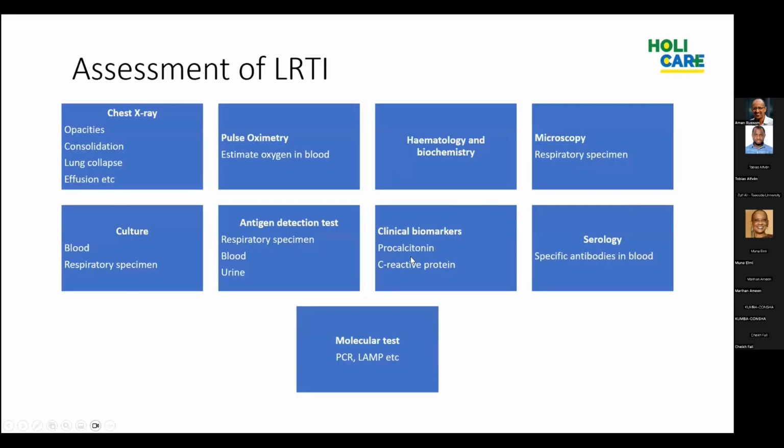So for assessment, as Cheikh told us, there are several tests that can be done, or several diagnostic aids, including the chest X-ray, and each of these has its own challenges. For chest X-ray, we would expect to see opacities, maybe interstitial or patchy.